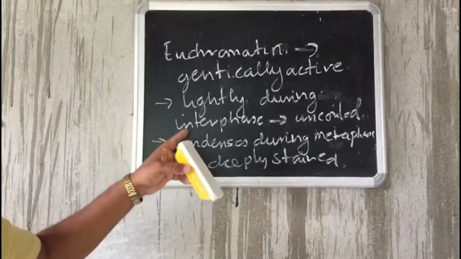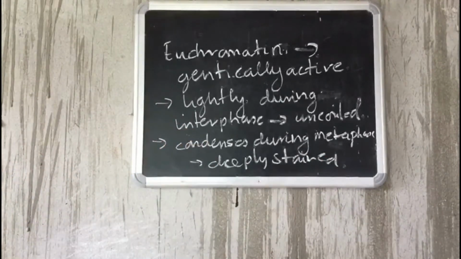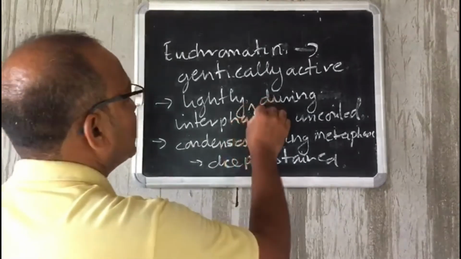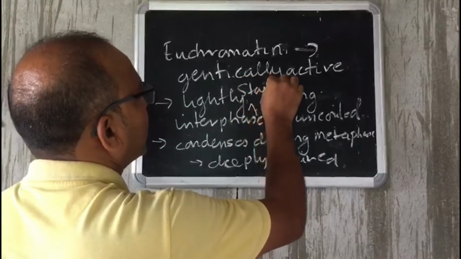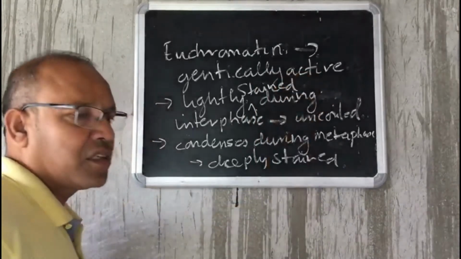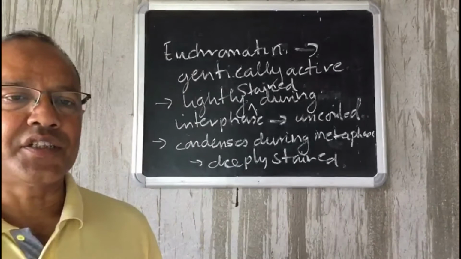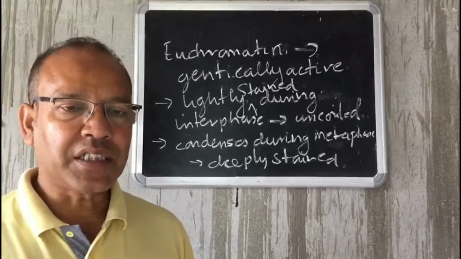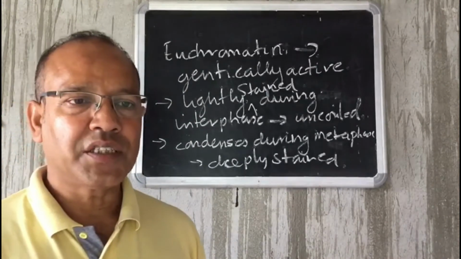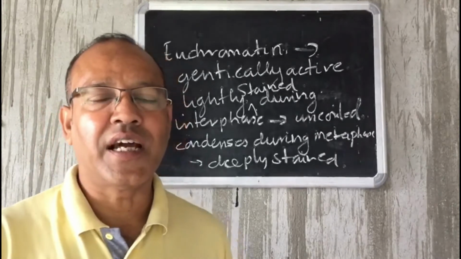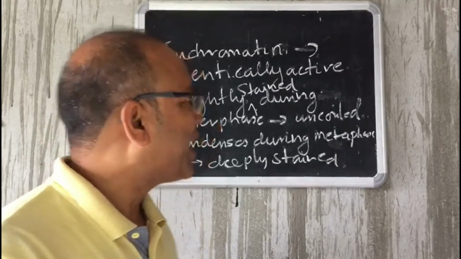Whereas during interphase, when it remains uncoiled, it is lightly stained. That means the color it takes up is very light because it is uncoiled, it is spread out. But once it condenses during metaphase, it becomes deeply stained. It is seen as bands.